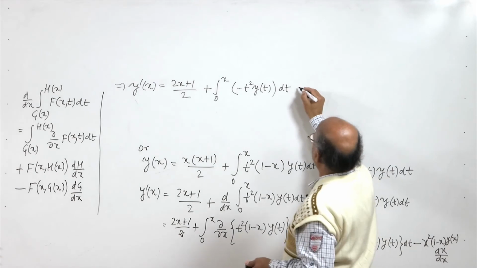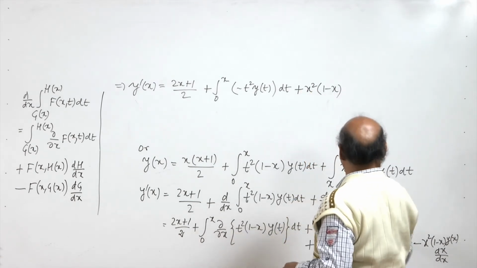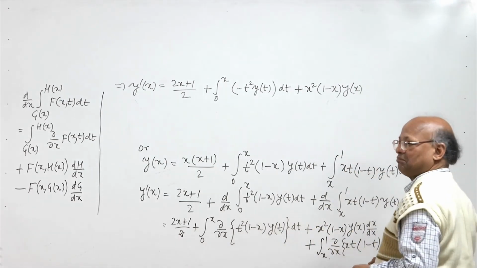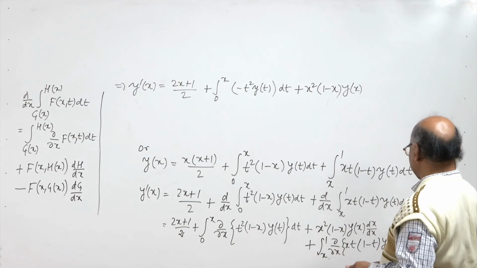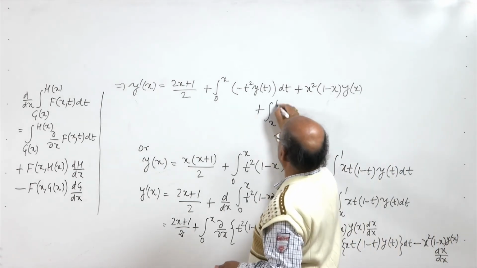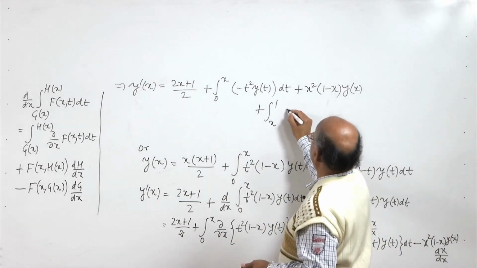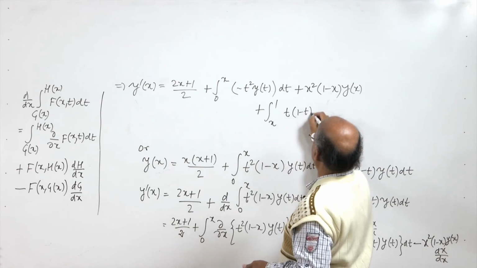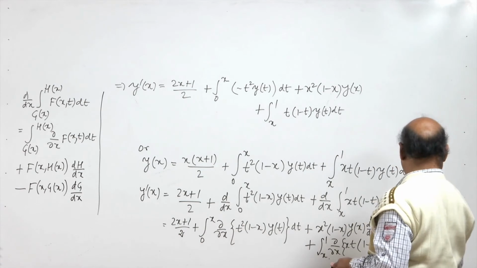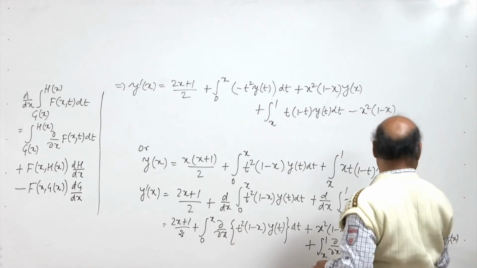This is x square times 1 minus x into y by x. The derivative of x with respect to x is 1, and then x to 1. When we differentiate here with respect to x, we get t into 1 minus t into y by t dt, and then we get minus x square into 1 minus x into y by x.